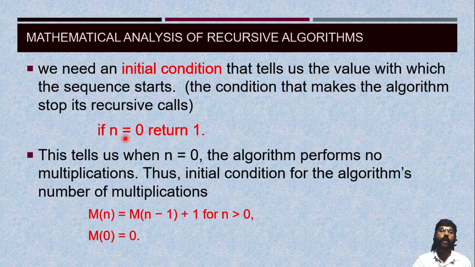In our algorithm, it is: if n is equal to 0, return 1. This is the initial condition. Whenever it is true, our execution stops. If you look properly, there is no multiplication whenever the initial condition is true.